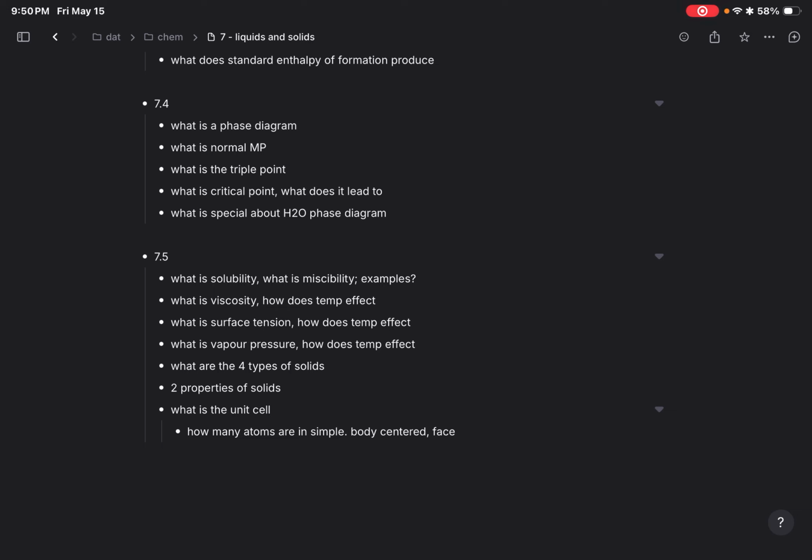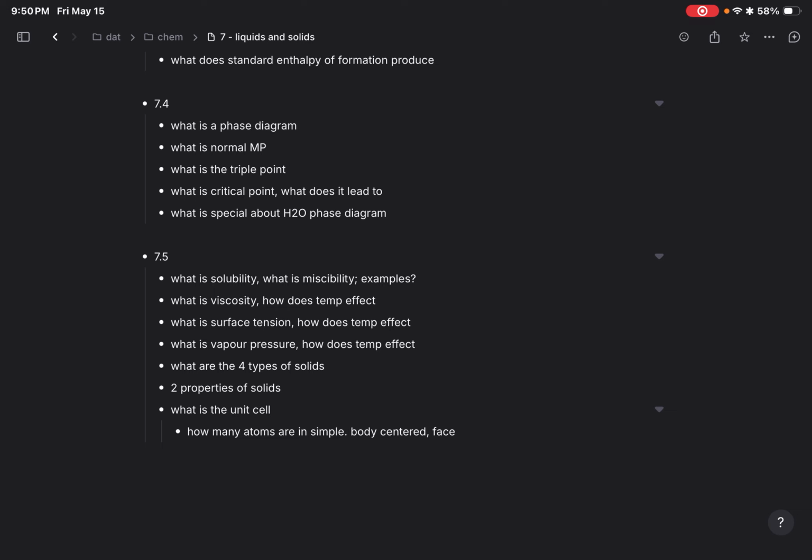So in simple cubic unit cell, you're just gonna have an eighth of an atom on each corner, and therefore you're gonna have one atom in the unit cell. In body-centered unit cell, you're gonna have one atom in the center with eight eighths of an atom on the corners. So it's just simple plus one. So you can have two atoms.